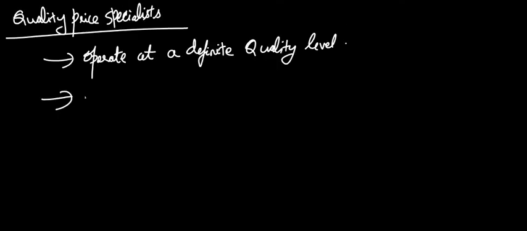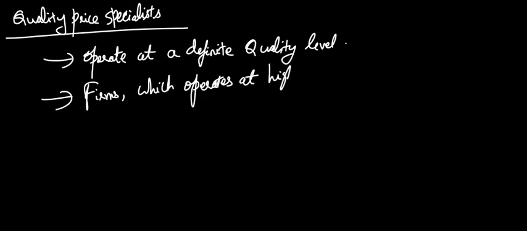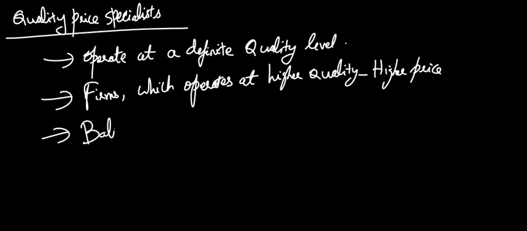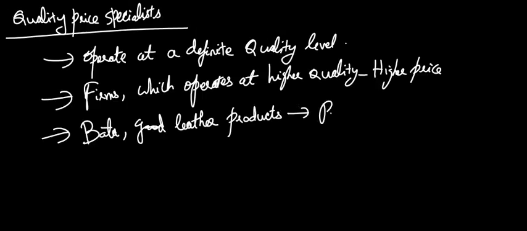For example, there are firms which operate at a higher quality level, higher price level. For example, Bata shoes, which boasts of having good leather products at a premium price. This is quality price specialists.